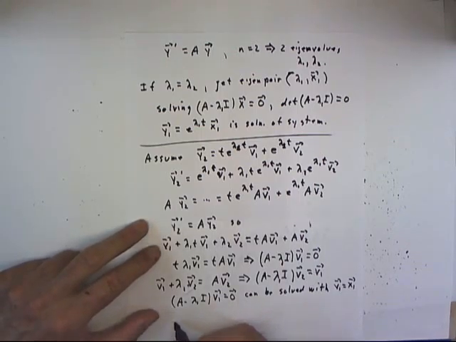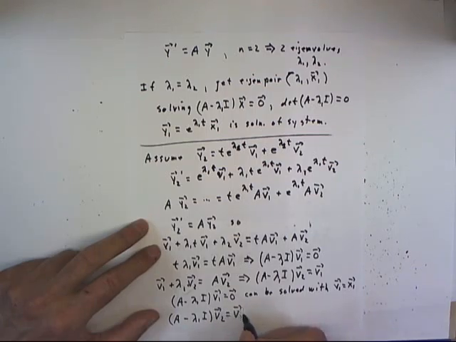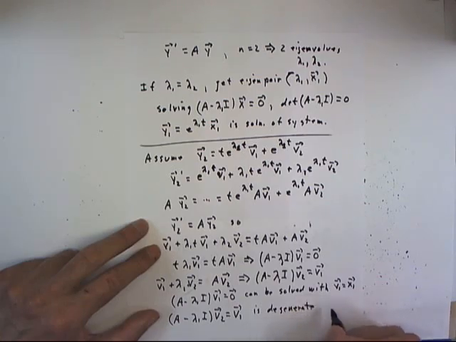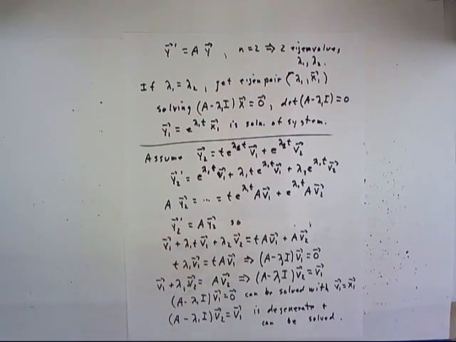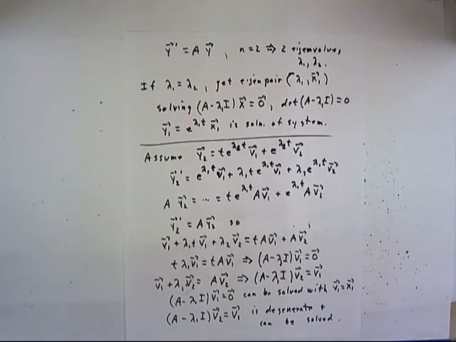The other equation is degenerate, and can be solved in the sense that we can find vectors v2 that satisfy it. All we have to do is plug in our x1 here and do what comes naturally.